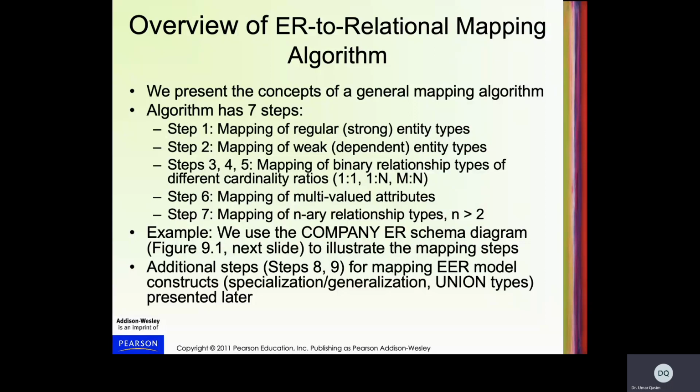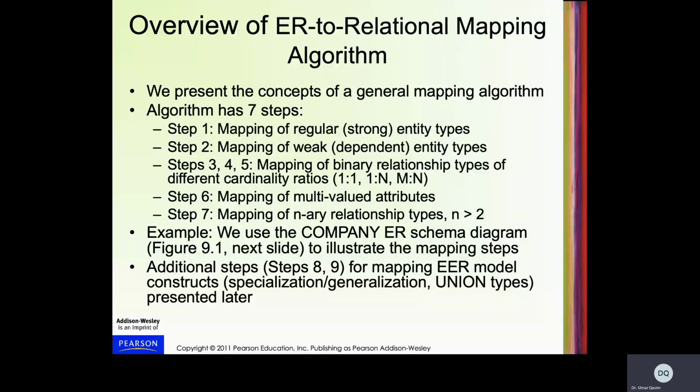In step 2, we look at weak entities, and we will see how those weak entities are translated or mapped into database design. Steps 3, 4 and 5 are concerned with relationships. As you know, with binary relationships, we have cardinality ratios: one-to-one, one-to-many and many-to-many relationships.